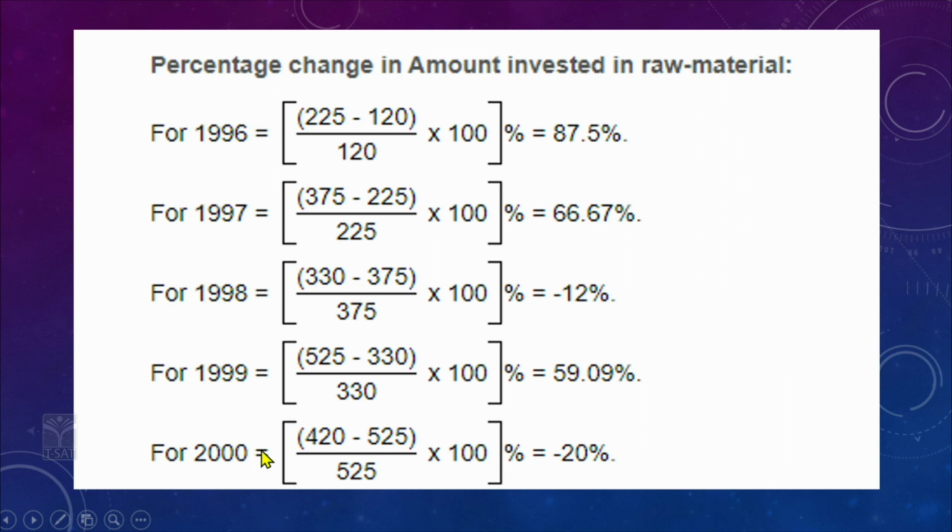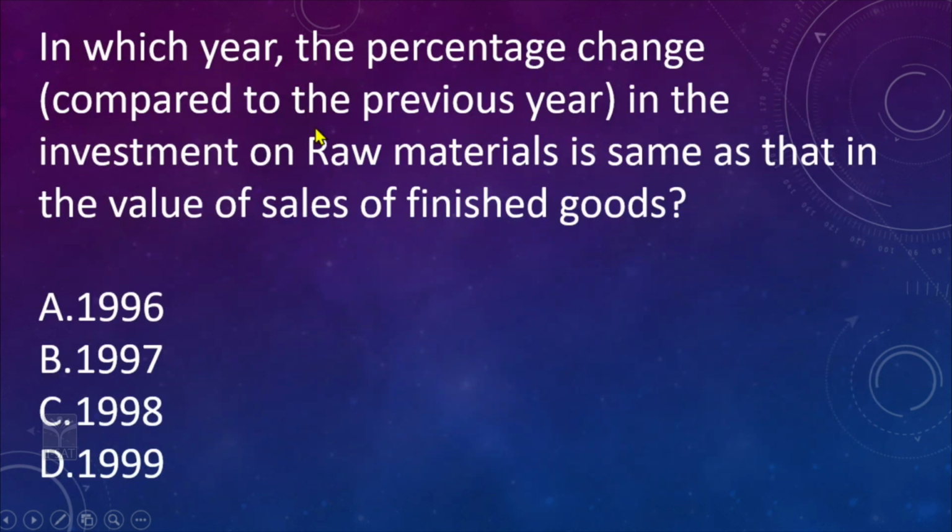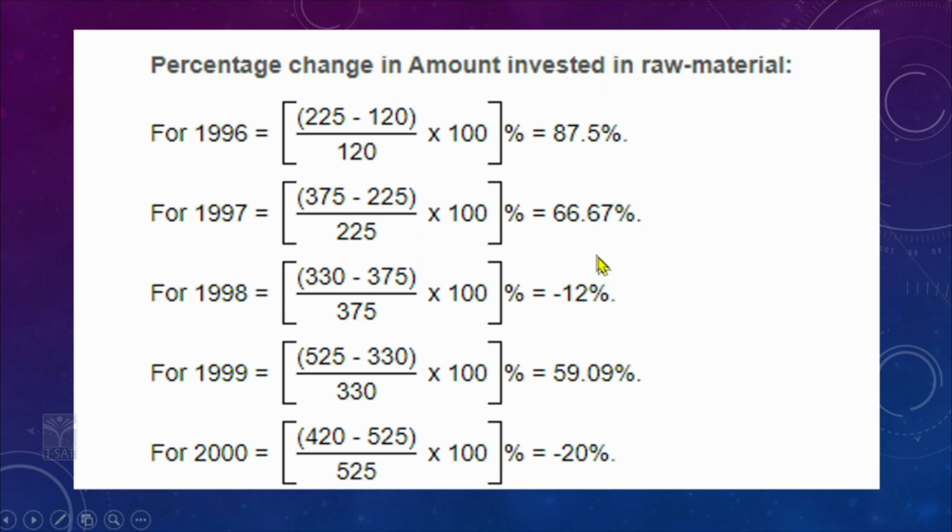The change in the amount invested in raw material is maximum at 87.5% in 1996 and minimum in the year 2000. Now, what is the question here? In which year is the percentage change compared to the previous year in the investment the same as that in the value of sales? Here we have 66.67%, minus 12%, 59.09% and minus 20%, correct.